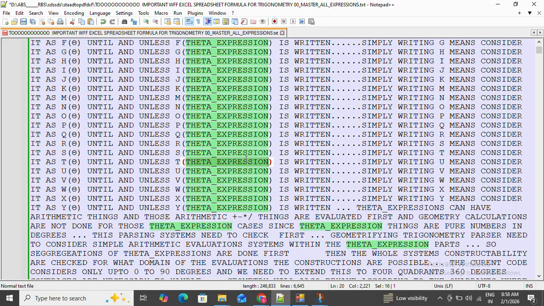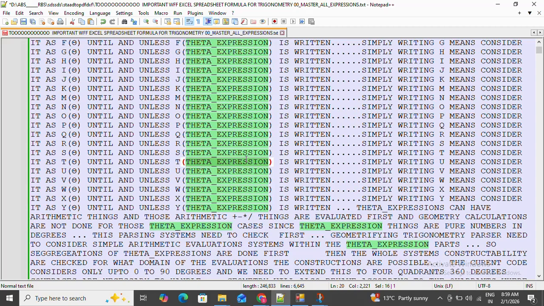Whenever these theta expressions are outside, like if the theta expression is not inside the cos, sine, tan, cosec, sec, cot, or inverse brackets, then we will not evaluate it first. We will consider the geometry in those cases. But if those theta expressions are inside any trigonometry expression, then we will evaluate it as a pure number. We will not use our geometry kind of parsing there.